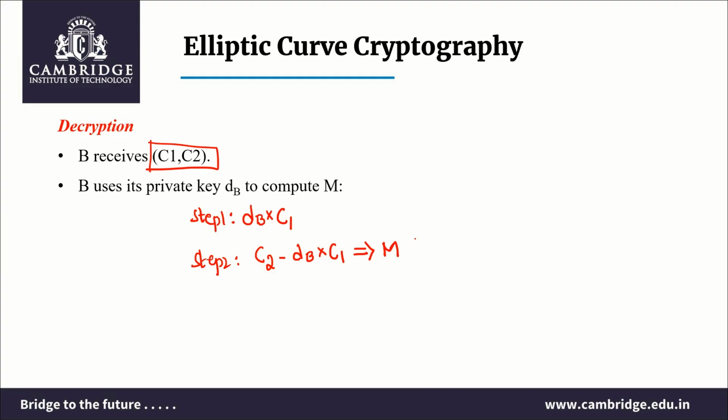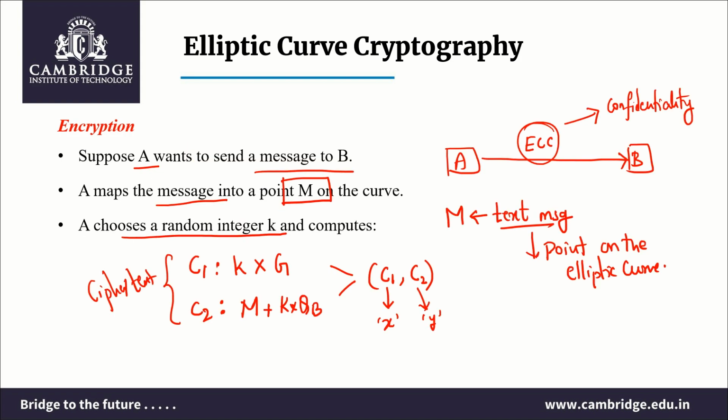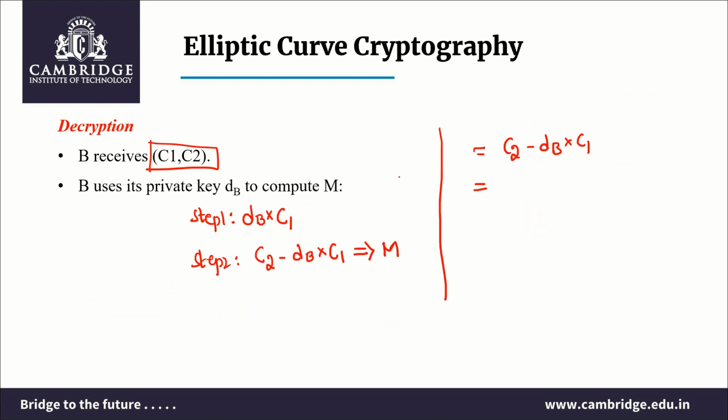So how is this decryption done? The new value that is calculated is subtracted from the y value. Let's see how we get message M. We have C2 minus DB into C1, right? In encryption, we know what C2 is: C2 is nothing but M plus K into QB, correct?